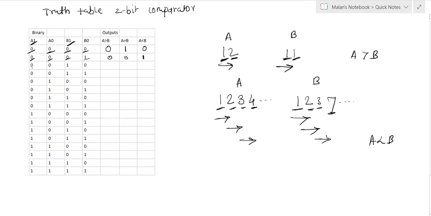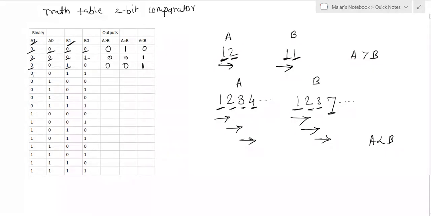Now similarly for the next number, 0 and 1. MSB of A1 is 0, MSB of B1 is 1. From the MSB it is clear that B is greater than A, so the output is generated as 1 and the remaining are 0. No need to shift to the right hand side part for comparison.